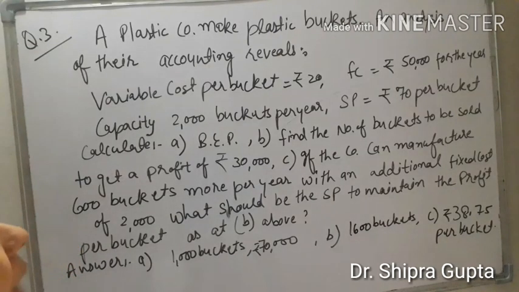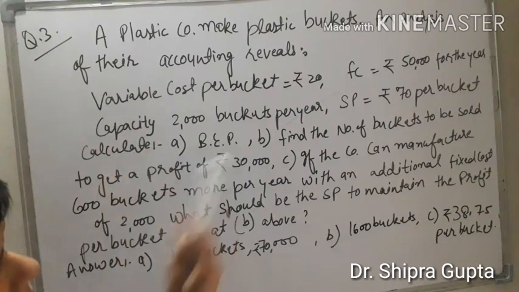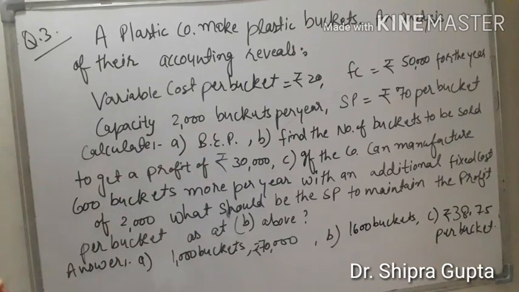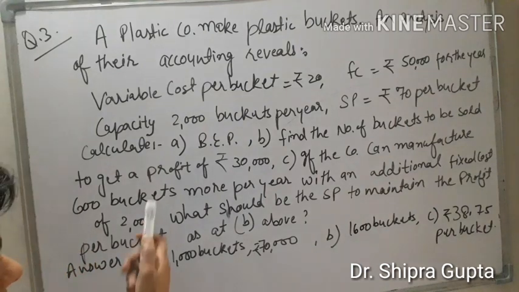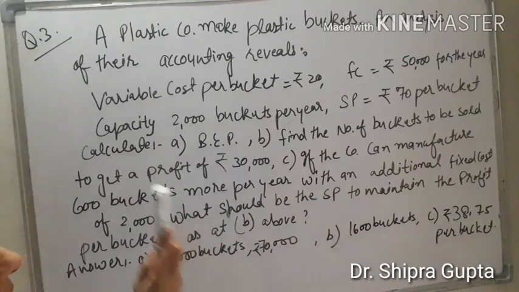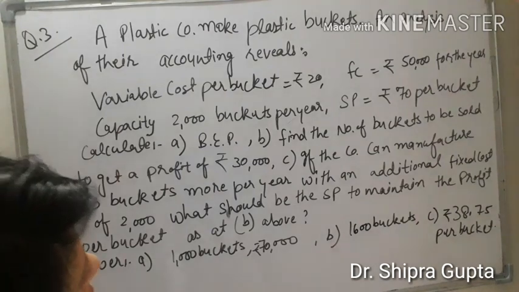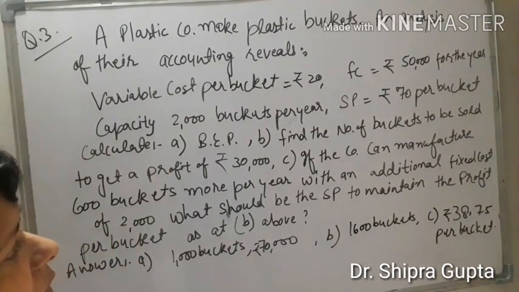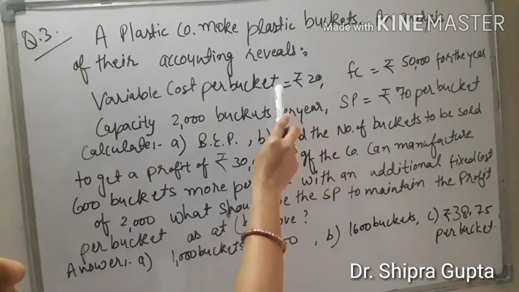Last question for your practice, and the question is: a plastic company makes plastic buckets. An analysis of their accounting reveals variable cost per bucket ₹20, VC is given. Fixed cost ₹50,000 per year is given. Capacity 2,000 buckets per year. Selling price ₹70 per bucket. Calculate break-even point. First you will calculate the break-even point, and the break-even point formula is fixed cost upon S minus V. Fixed cost is given, selling price is given, variable cost is given.